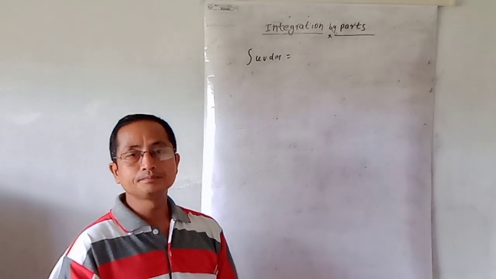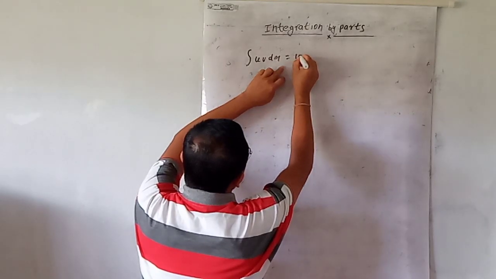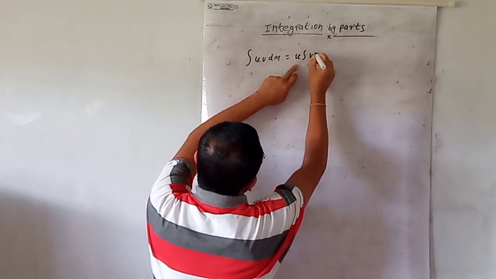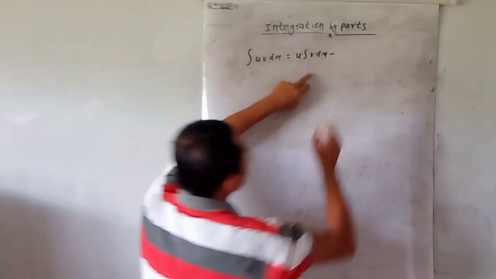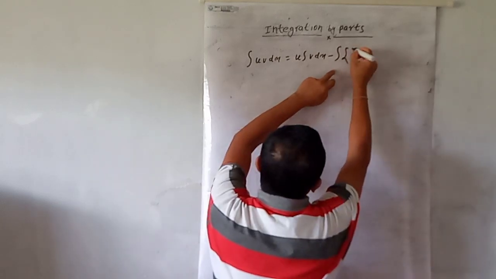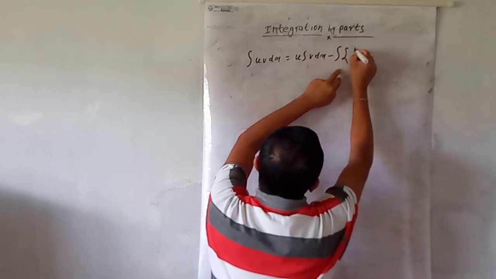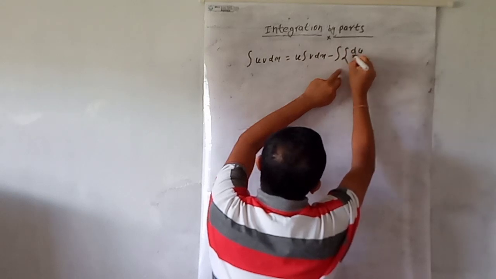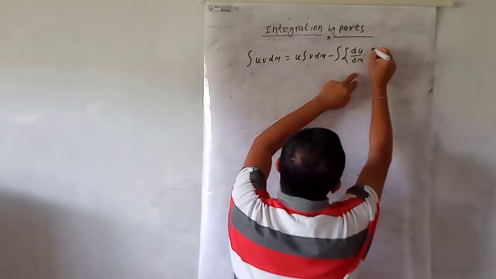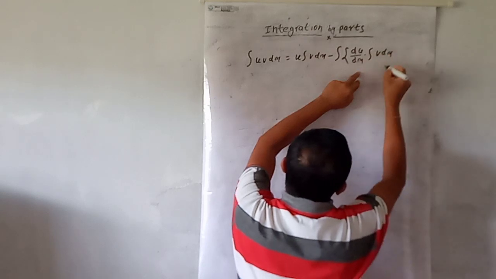In this very condition, you have to use u into the integration of v dx, minus the integration of du by dx into the integration of v dx.